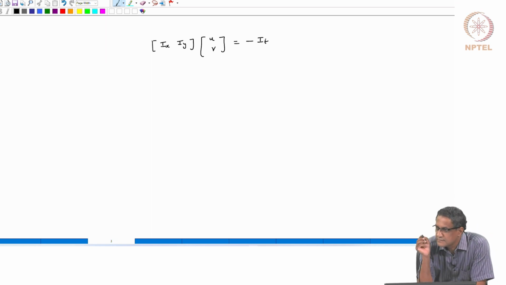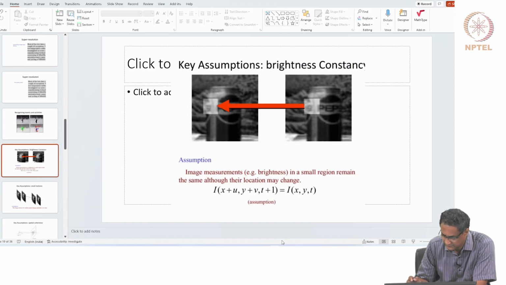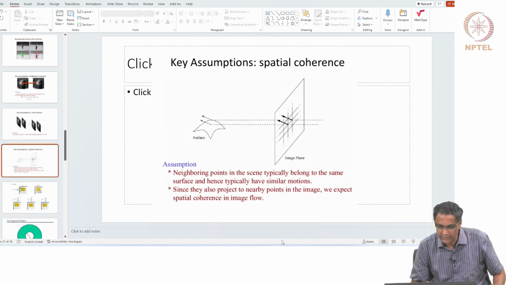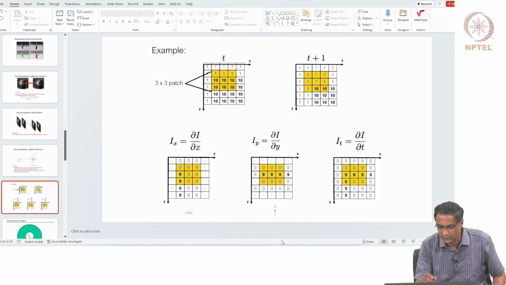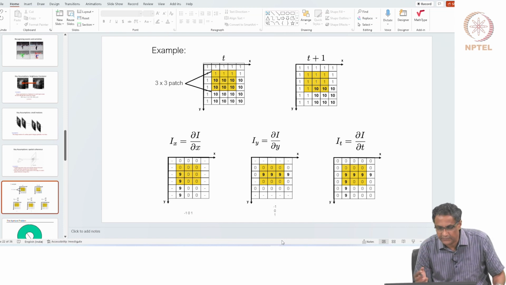One thing is that Ix, Iy and It we can actually find out. I think I have a slide, which we know how to do, because spatial derivatives you've already seen, and this is simply a matter of computing the temporal one. If you have an image, Ix will come from within the image, because this is a spatial derivative. Iy will also come from within the image. It's just a kernel, like the several kernels that we did when we did edge detection.